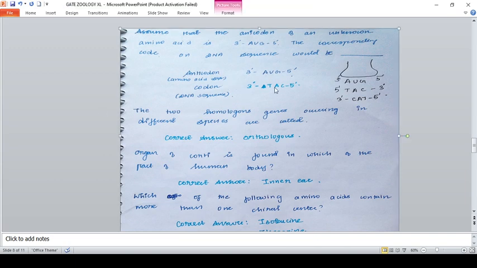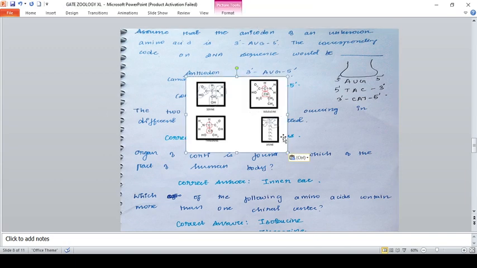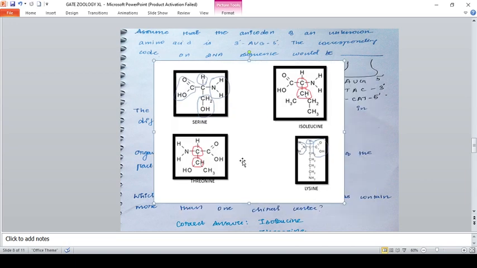So consider this particular slide which I had explained previously. You all know chiral center means a particular carbon should have four different groups. Serine has a single chiral center, so this carbon is attached to 1, 2, 3, 4. So serine is not included, but threonine and isoleucine have two chiral centers. Let me explain. There are two carbon centers.